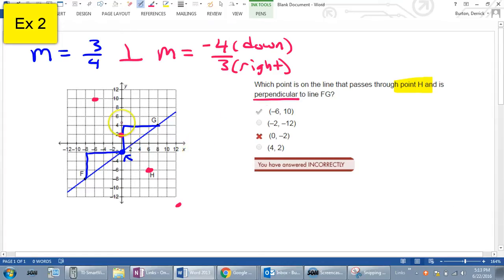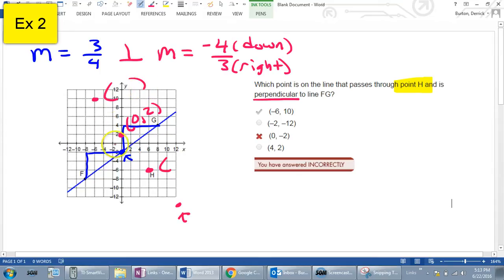Okay, so they're asking me which one of these points gets hit, and I'll ignore the ones that are not even on the graph. And it's probably not going to be point H because they gave that to us. So I'm going to start by looking at the other two. This point right here, I've got 0, 2, so that could have been it.